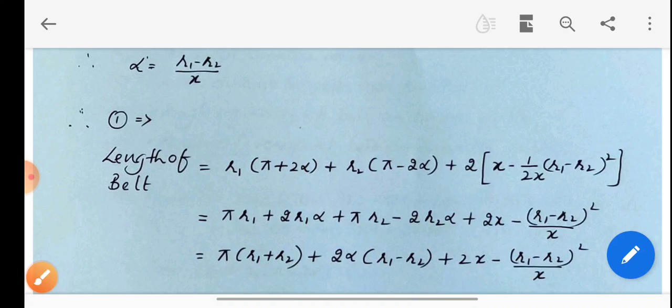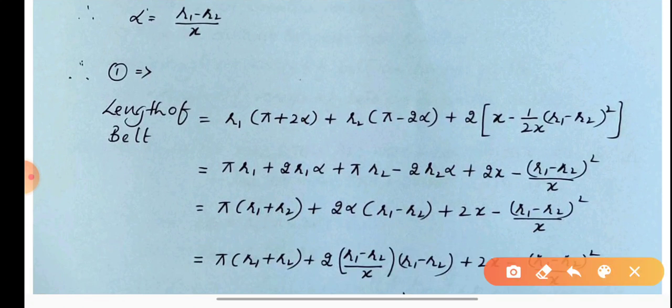Now plus 2 into what is this length GH, I have substituted GH plus EF. So I have written it as 2 into the square root of x squared minus R1 minus R2 whole squared, which you have got before. Now I have to simplify.